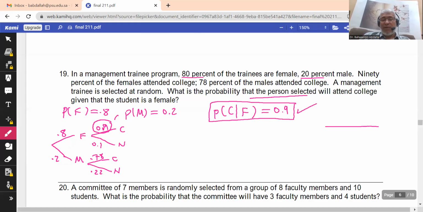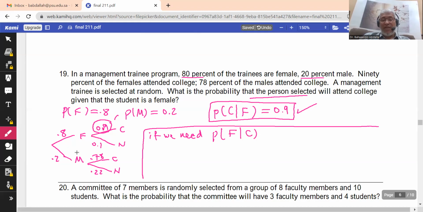But if he wants Bayes formula, he should ask the question as follows. What's the probability that the person is female given that she attended college?